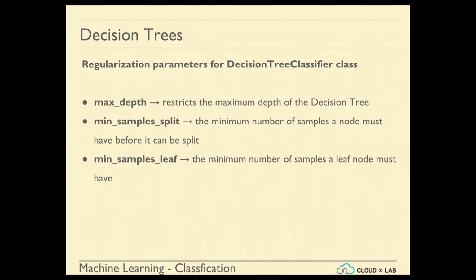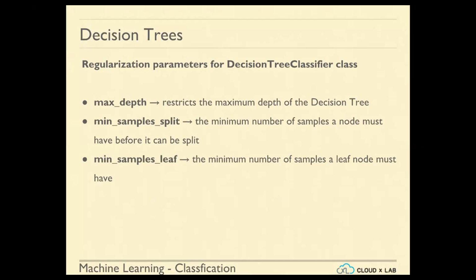All right, so restrict the maximum depth of the decision tree. Minimum samples split is the minimum number of samples a node must have before it can be split. While splitting, we can further control the decision tree by specifying parameters such as maximum depth.